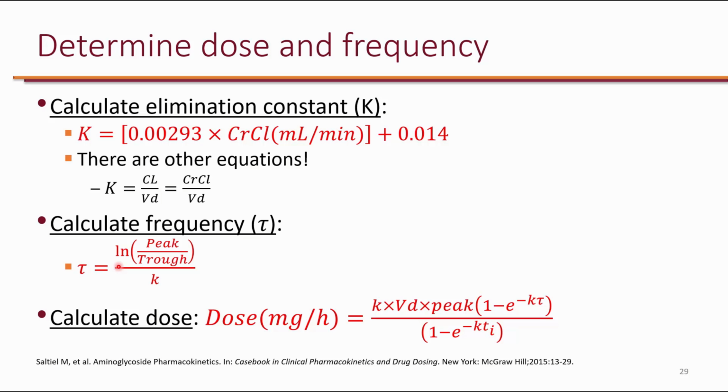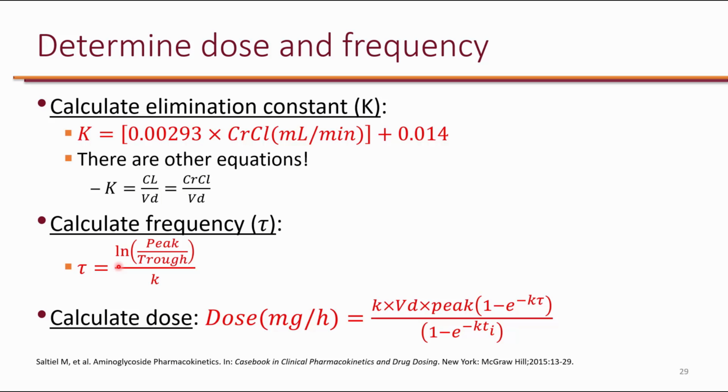And of course, then we want to round the tau to something realistic. Frequency should be every 24 hours, every 12 hours, every 8 hours, every 6 hours. So those are things that are regular. So you don't want to do something like every 5 hours or every 7 hours.